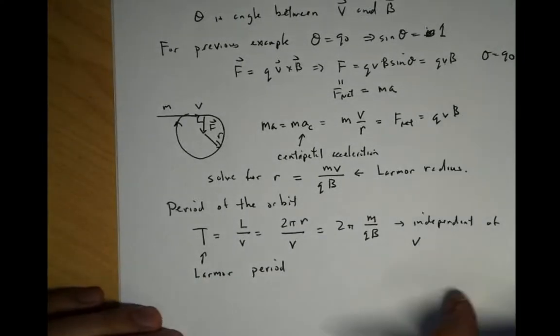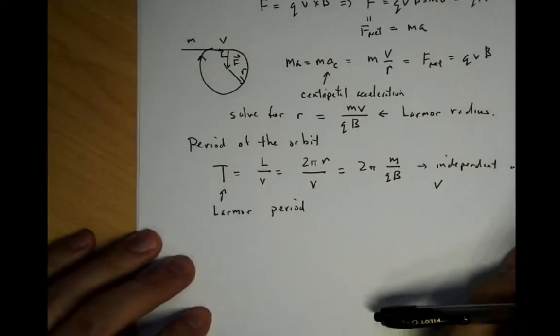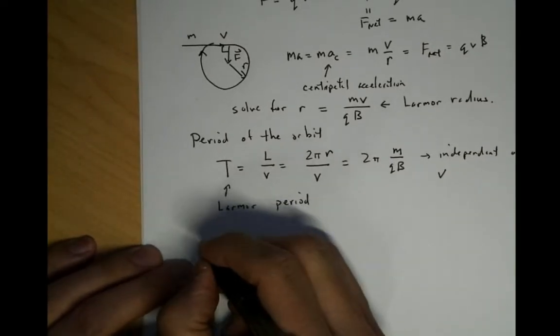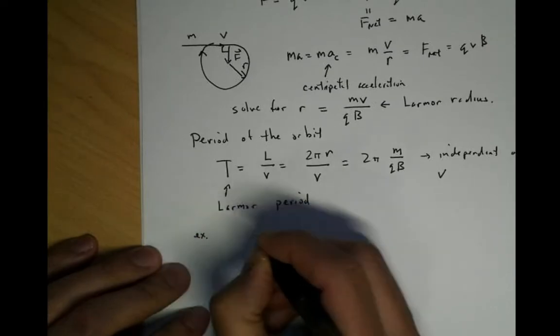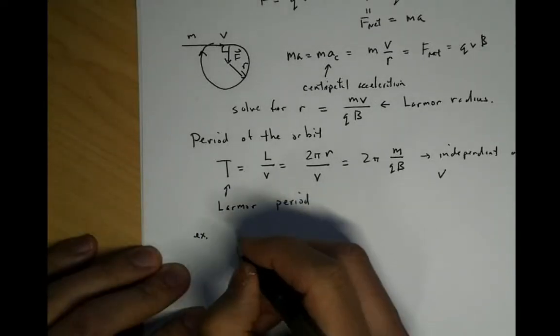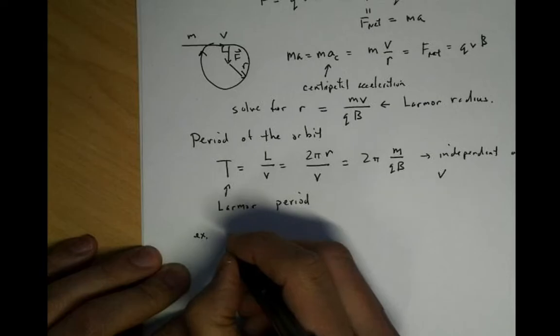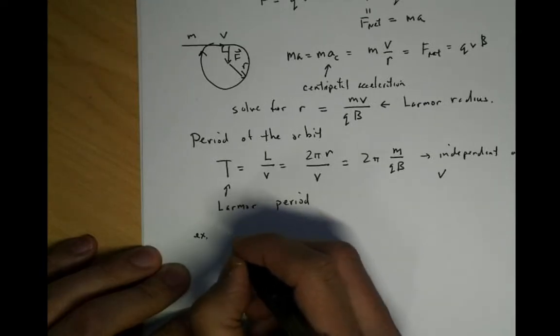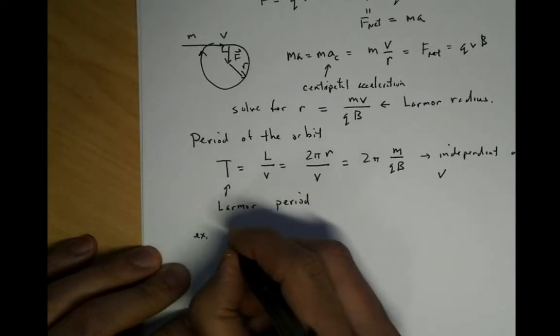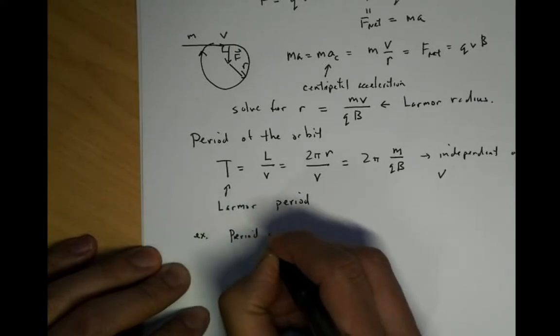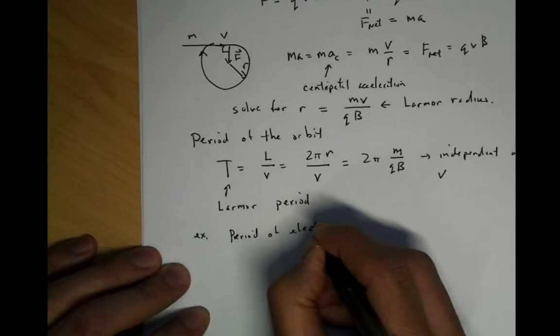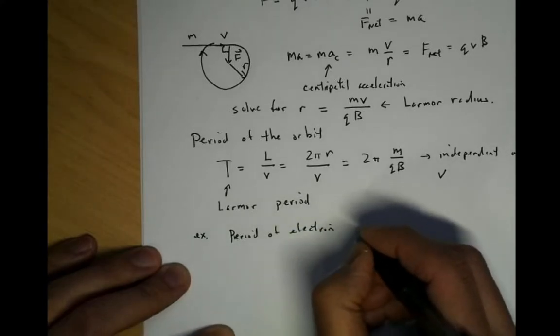Okay. So let's give a little example of this. Okay. So suppose you have the period of a proton around a strong magnet.